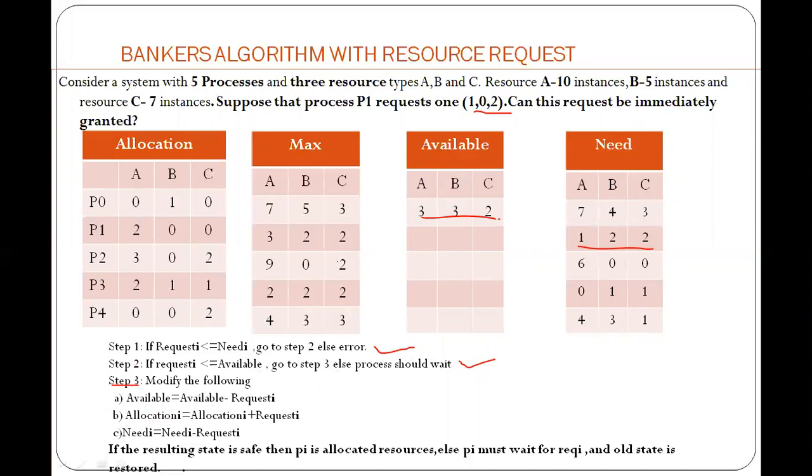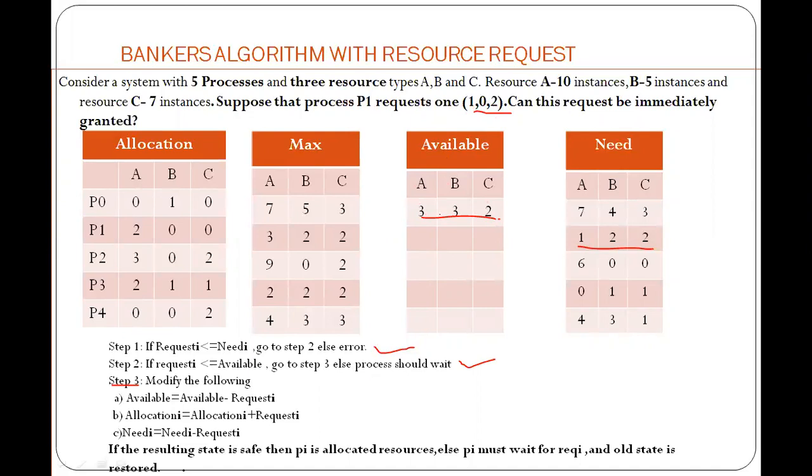Now consider this vector, that is 332 here in the availability, as money in the bank, the total money of the bank. So it has 332 rupees and process P1 requires 102 rupees. When this resource request is immediately granted, definitely P1 will be getting the money from the bank, right?